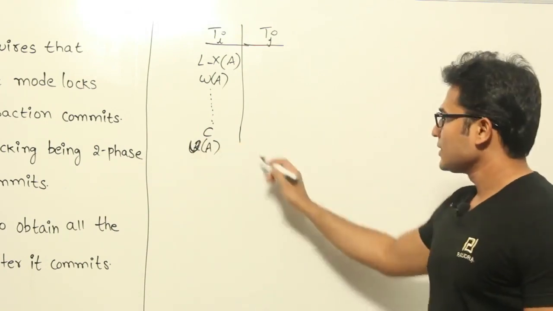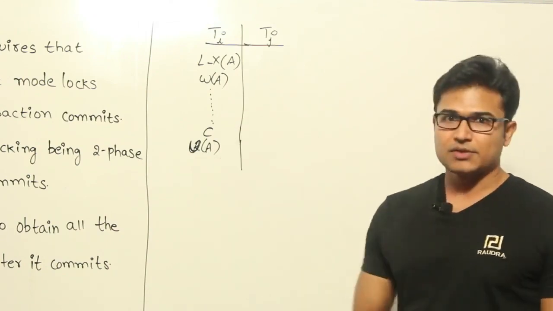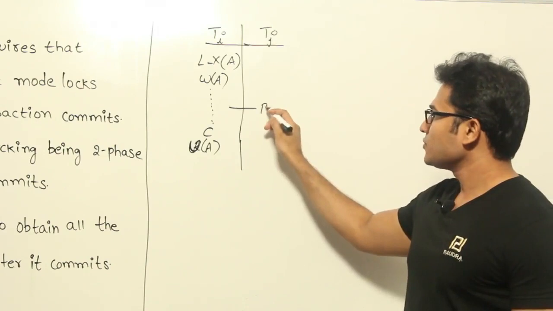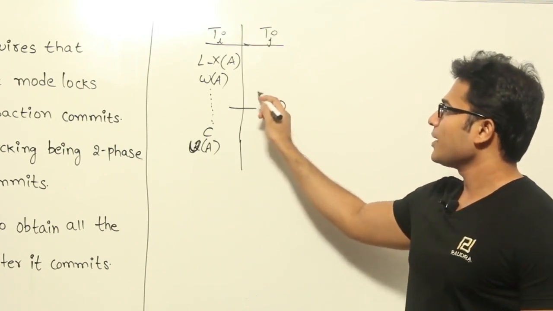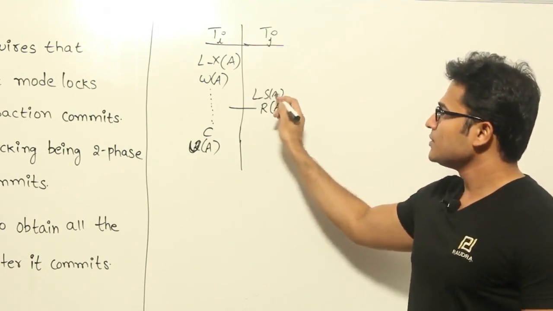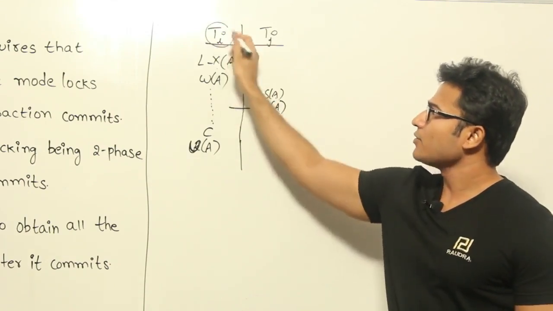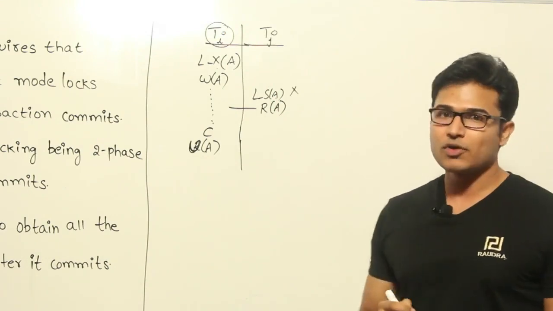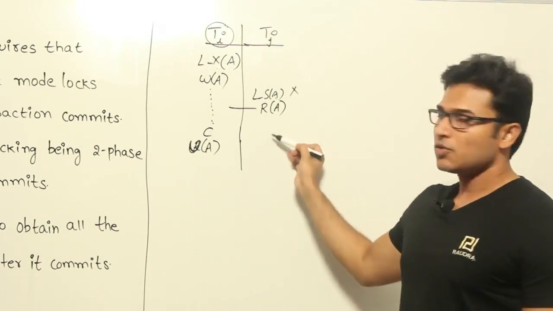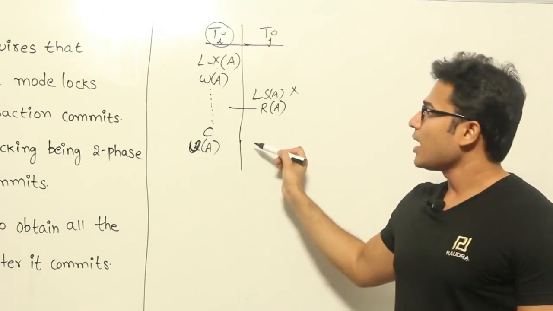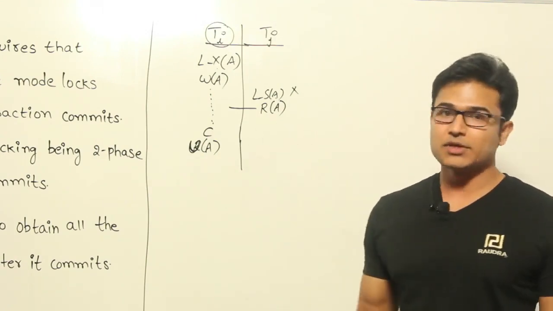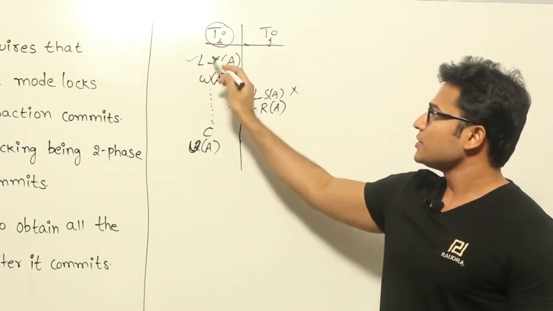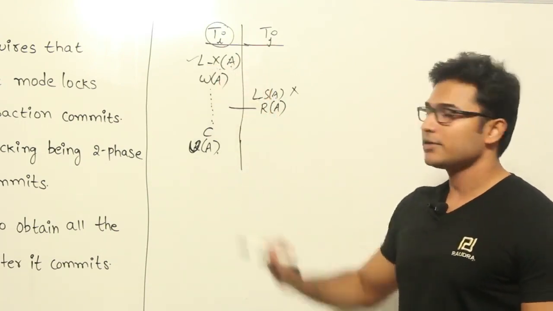Now, if any other transaction, let us say Tj, tries to read the value of A in the middle by obtaining a shared lock on A, since the lock on A is already held by Ti, it will never be granted to Tj. Therefore no transaction will be able to read or write data until the transaction which has written the data has committed.